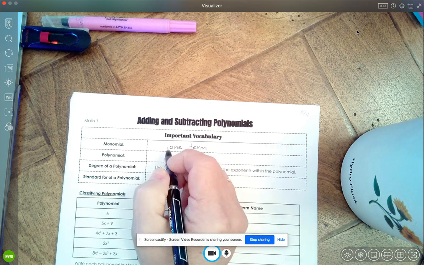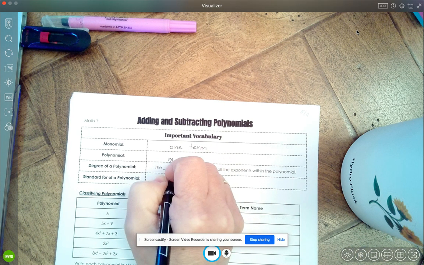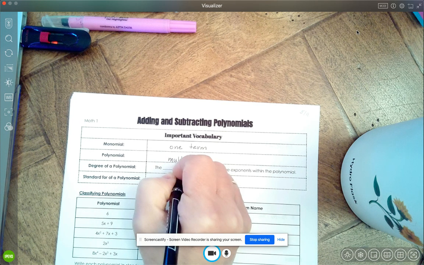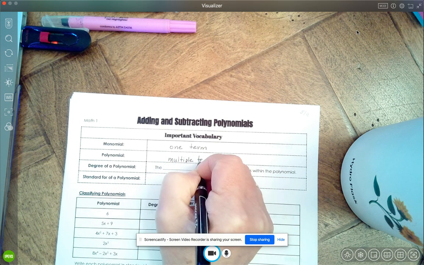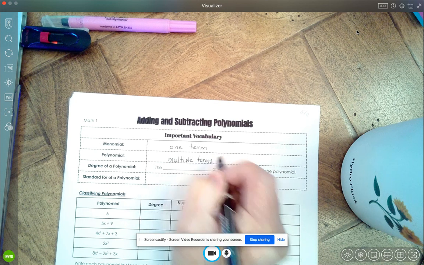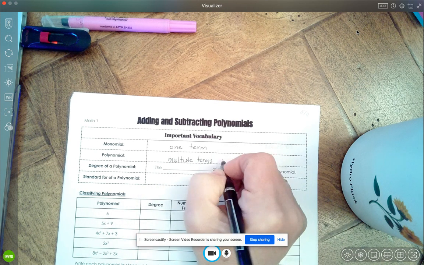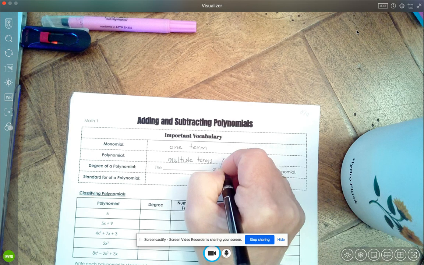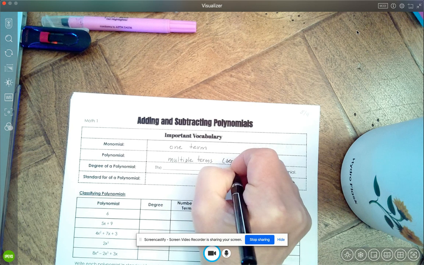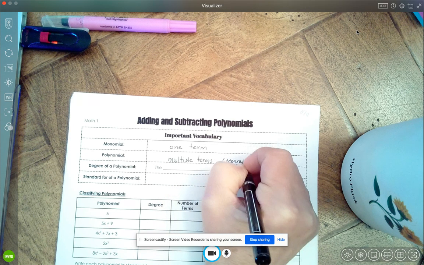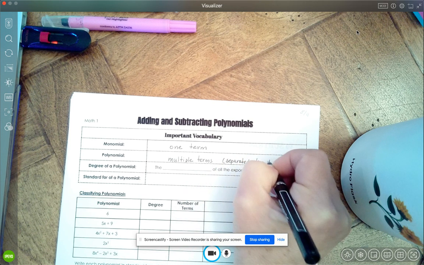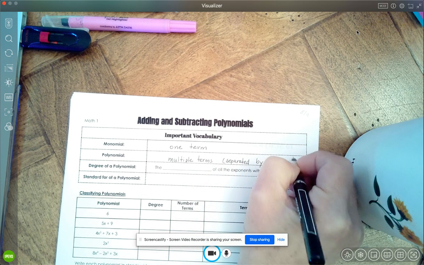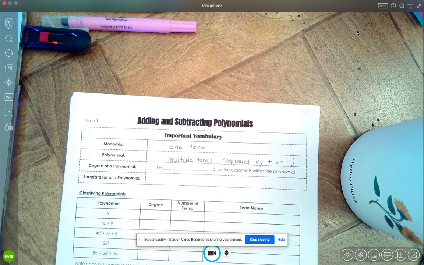A polynomial is multiple terms. And it would be separated by a plus or a minus.